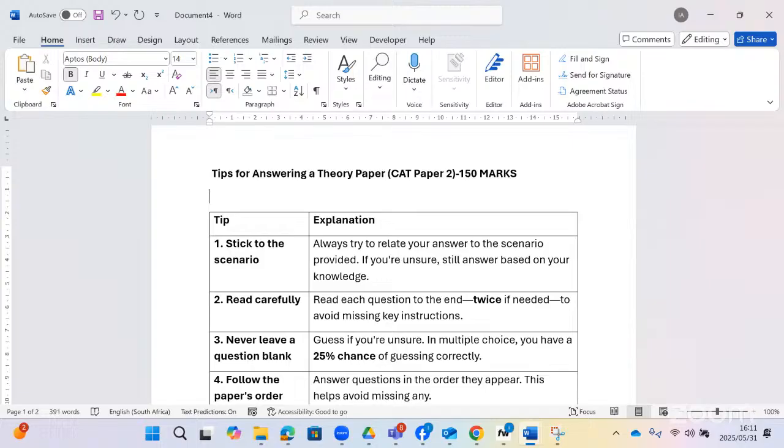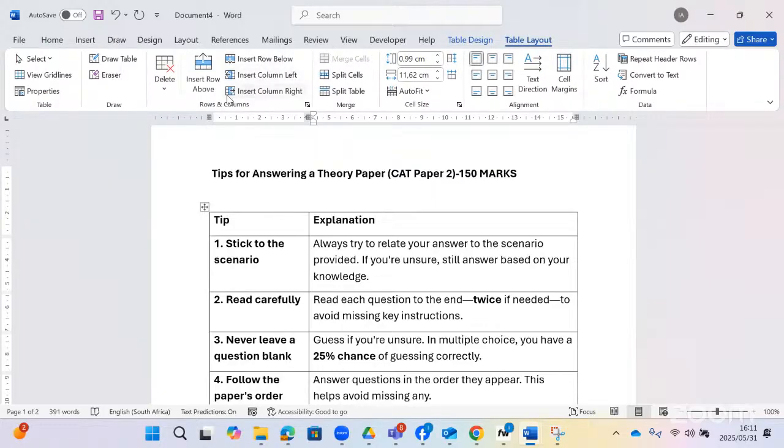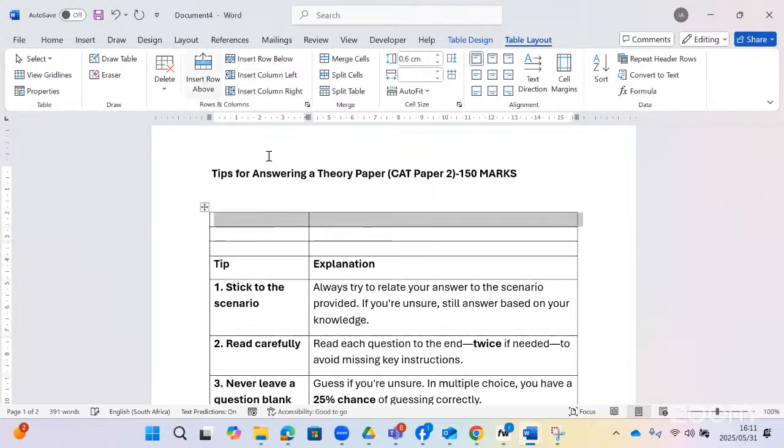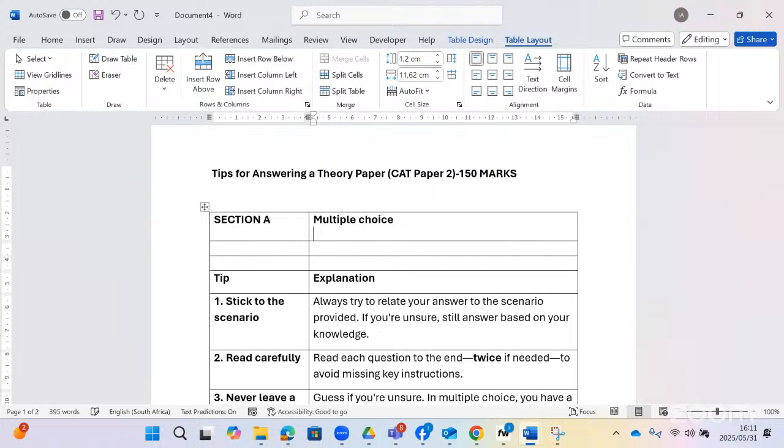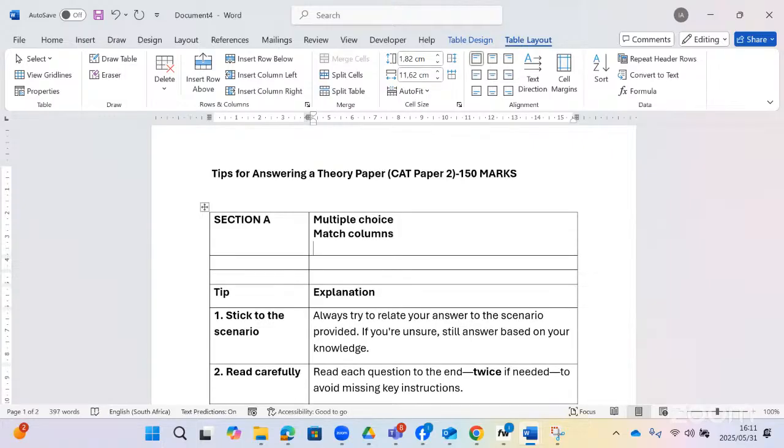And then it has been demarcated as follows, whereby we have section A, that is multiple choice, which includes multiple choice, and then it also includes match columns, and true or false.